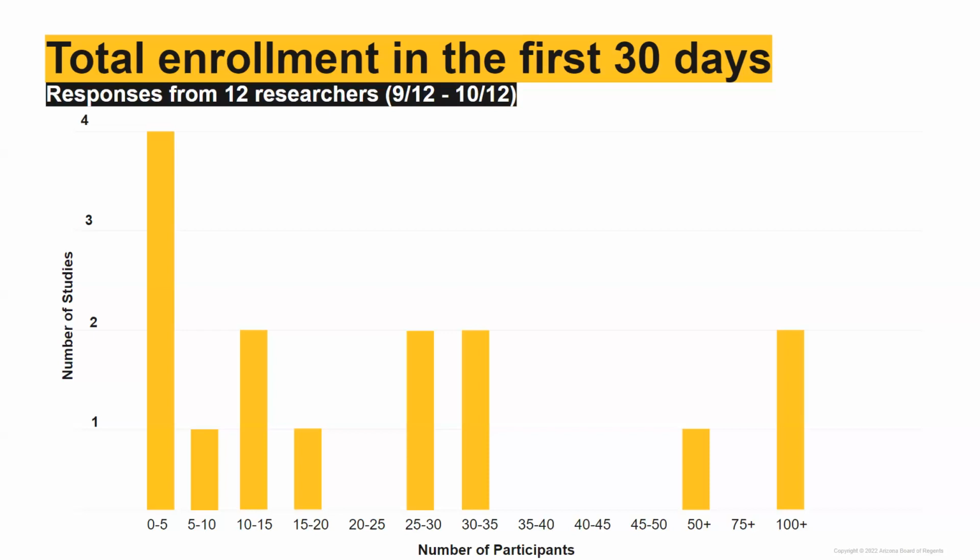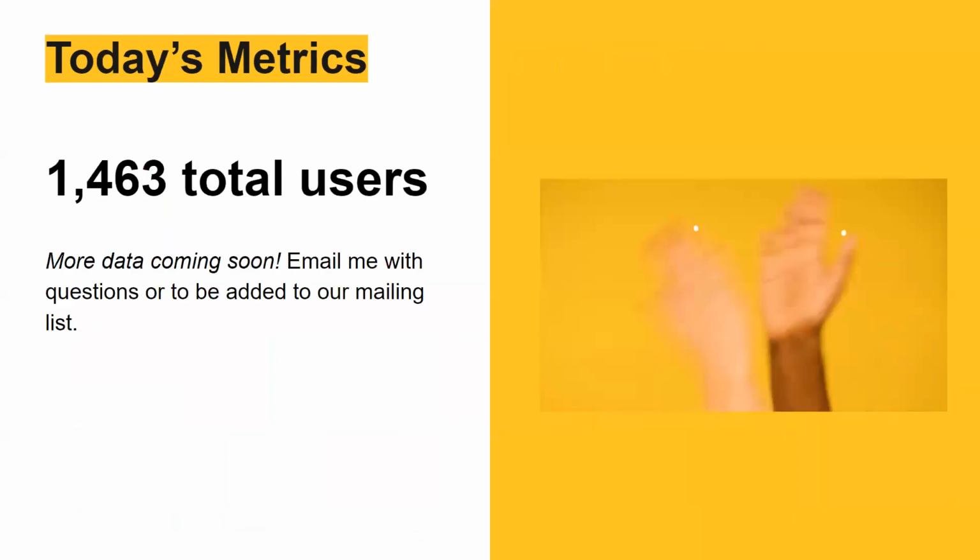And we're going through the data right now trying to see what made the 100 plus and the 50 plus particularly popular. And most of that was they are looking for general population. So there's limited eligibility criteria. Whereas the 0 to 5 group, they were looking for people with specific conditions and diseases, things like that. So that's what we're looking to improve moving forward.